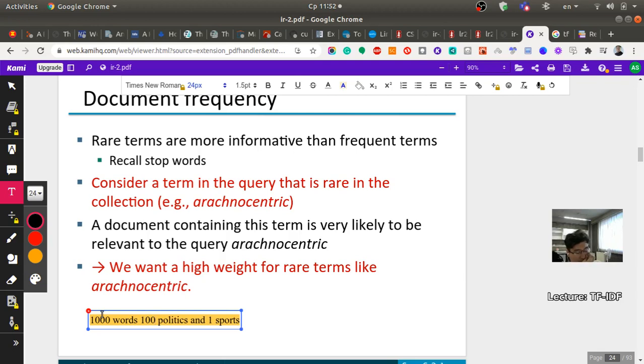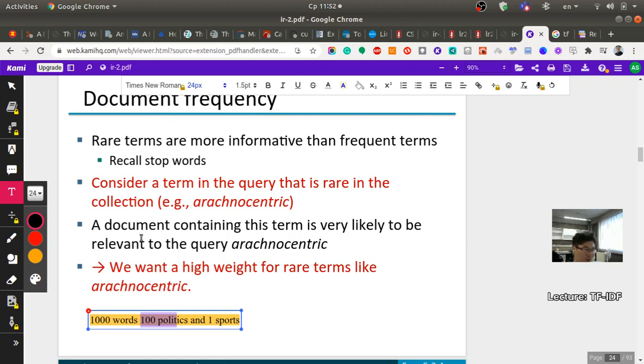So it is a document that is most likely about politics, and maybe there is something about sports, but it's not comparable with this one. The term frequency means that this document is more about politics than sports. You divide how many times this amount to this amount of all words.